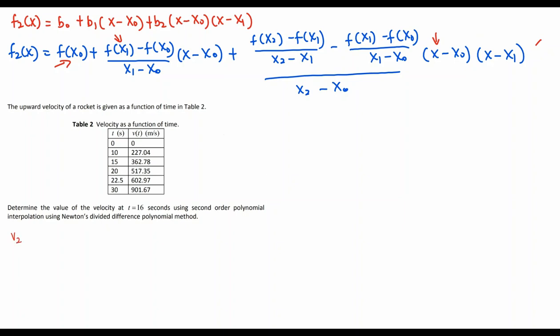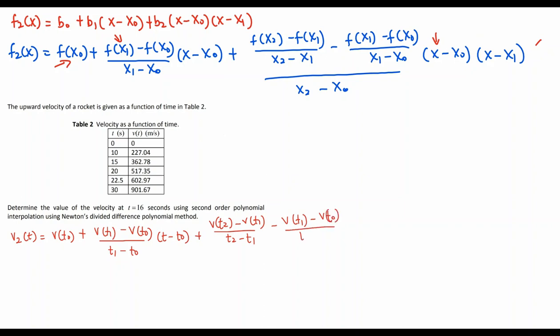So we're going to have v2 of t, and this will be equal to v of t naught, plus v of t1 minus v of t naught over t1 minus t naught, multiplying t minus t naught, plus v of t2 minus v of t1 divided by t2 minus t1, minus v of t1 minus v of t naught divided by t1 minus t naught, all this divided by t2 minus t naught, and then we'll be multiplying t minus t naught, and also multiply t minus t1. Okay, so this will be the general form.